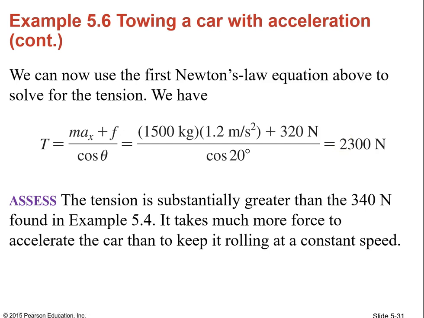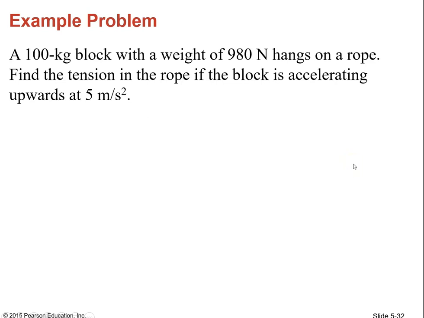So we know that the tension is 2,300 newtons for the force. So tension is mass times acceleration, the horizontal component, which we know, plus the force of friction, divided by the cosine of 20, is 2,300 newtons.